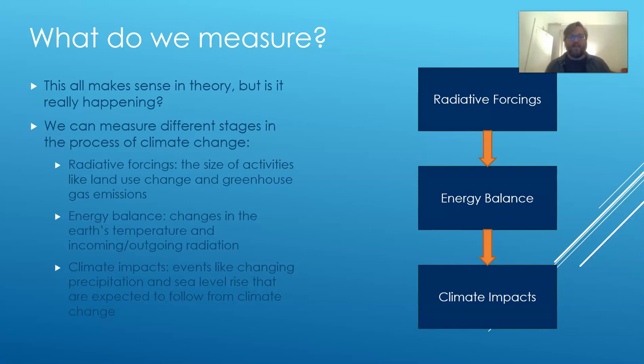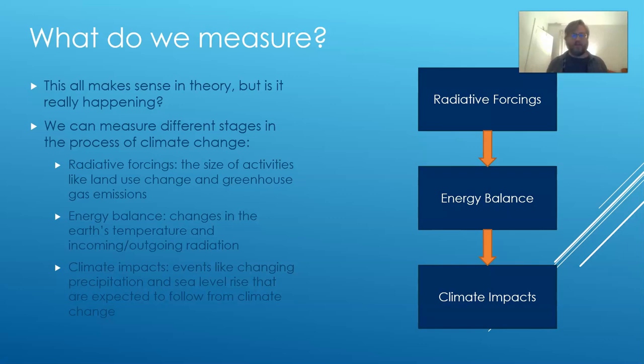And our major radiative forcings that we were looking at were changes in the composition of the atmosphere that would enhance the greenhouse effect, trapping more heat on the Earth, and changes in the albedo, basically the shininess of the Earth's surface, how much of the sun's light is being reflected back out into space instead of being absorbed by the Earth. So we can measure the size of these radiative forcings.